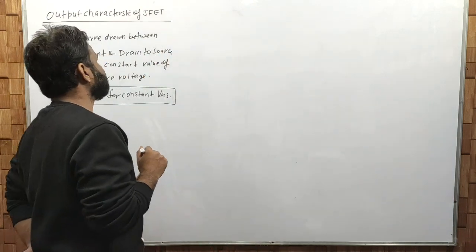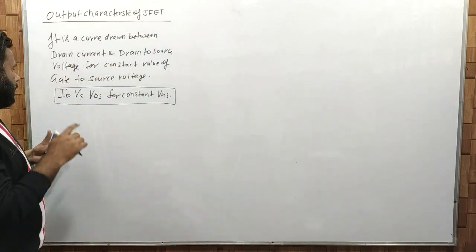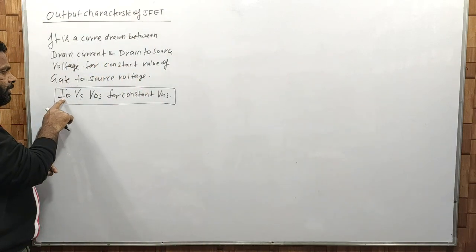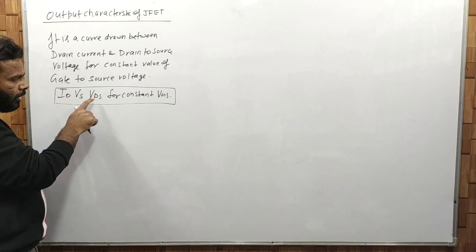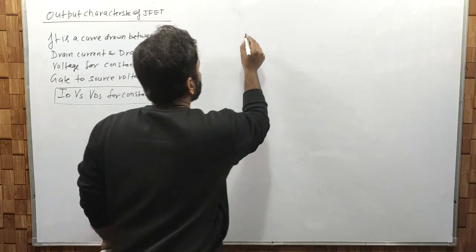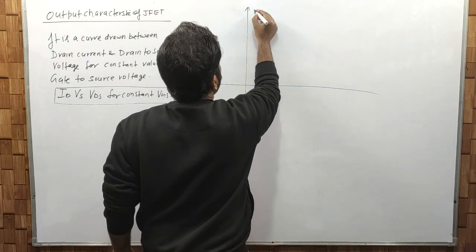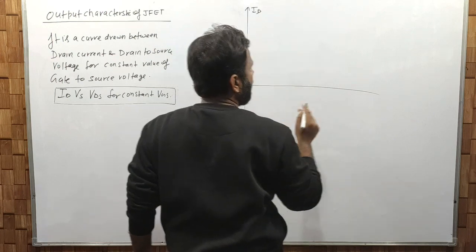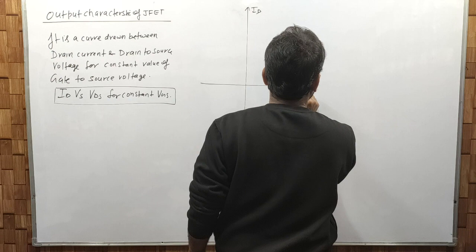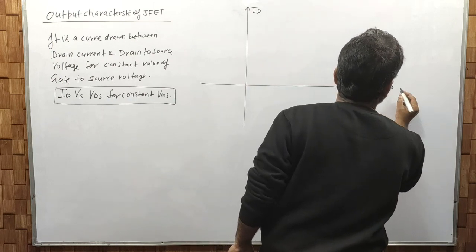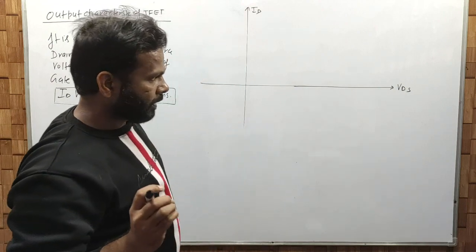Clear है यहाँ तक? Now अब हम कर्व ड्रॉ करते हैं। Now in this characteristic, the y axis is your current and the x axis is the voltage. Clear है? So start करते हैं इस characteristic को। So we will take the ID on y-axis and this VDS, the drain to source voltage, on x-axis. So it is VDS. Now I'm dividing this curve into three parts.